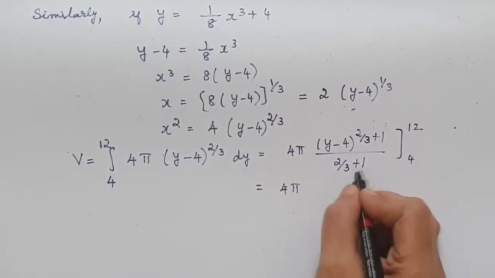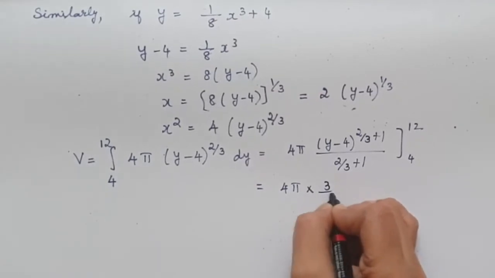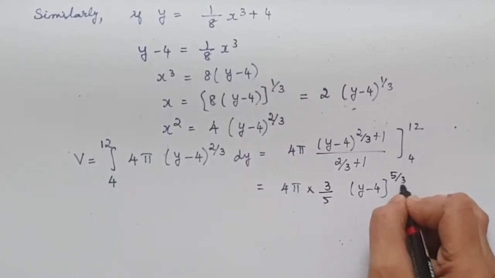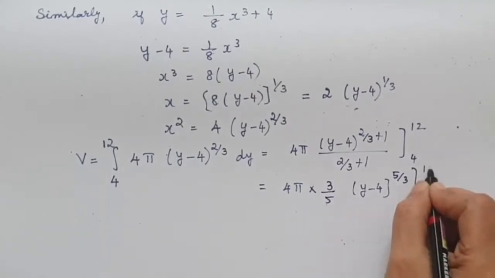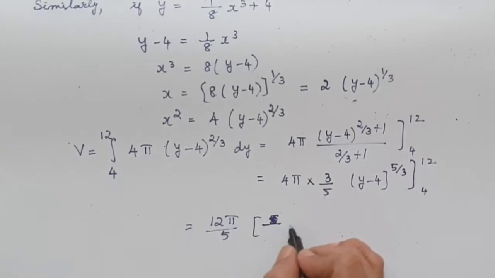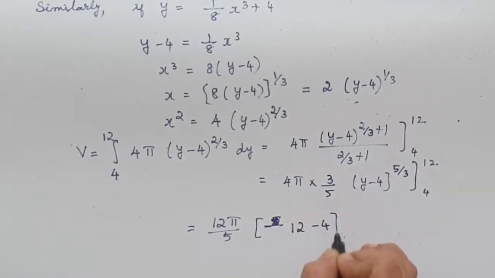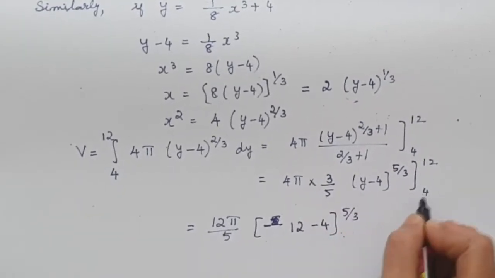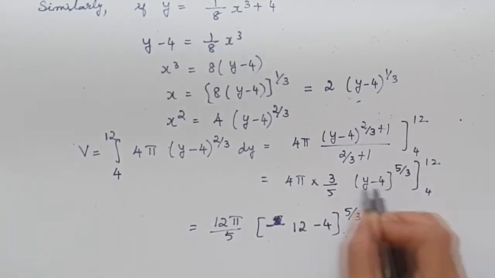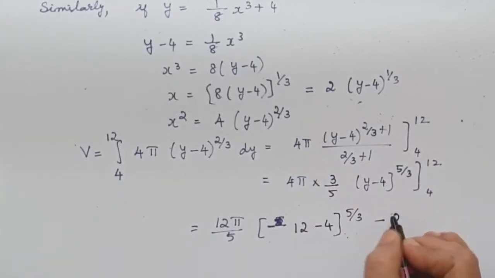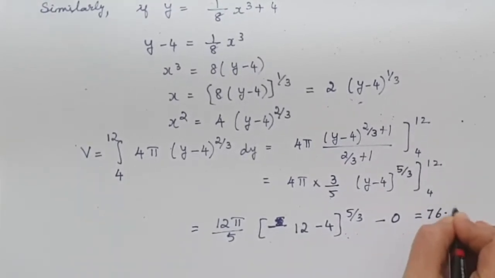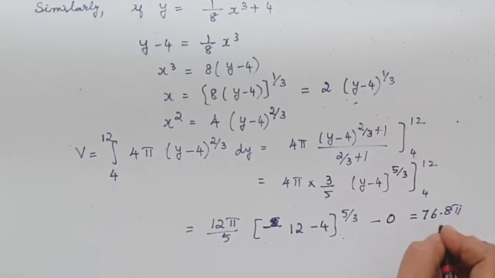This is 5 over 3. So it comes as 3 over 5 into y minus 4 to the power 5 over 3. The limits are from 4 to 12. This is 12 pi over 5 into, y takes the value 12, 12 minus 4 to the power 5 over 3. And for this one, it is 4 minus 4, so this gives us a 0. So when we simplify this, we get our answer as 76.8 pi.